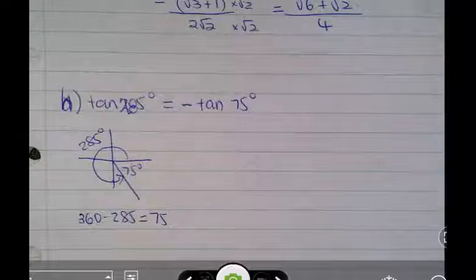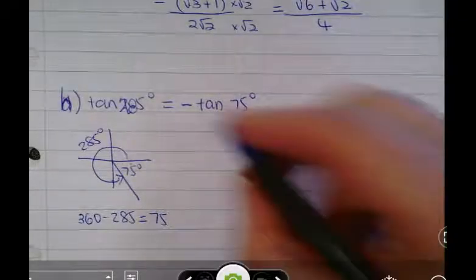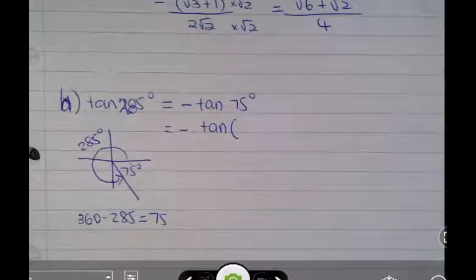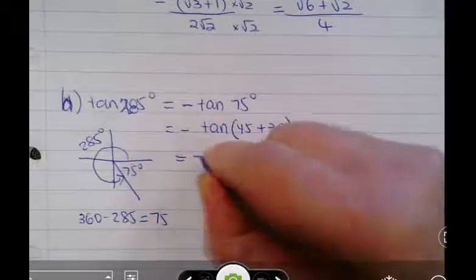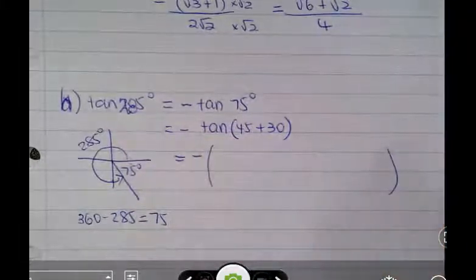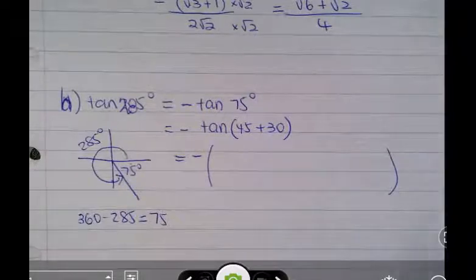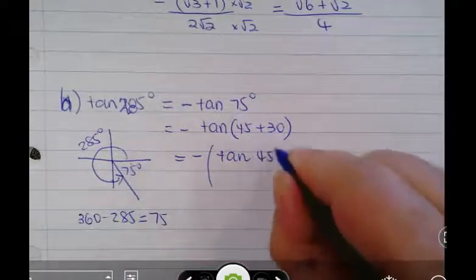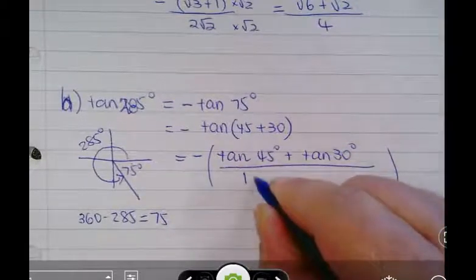So whatever we do, let's just keep this negative out the front. We're just really going to work out tan 75, and when we're finished, we're going to throw a negative in front of it. All right? So that's negative tan. How do I get 75? It's not 60 plus 15. It's 45 plus 30, or 30 plus 45. I'm just going to put this negative out the front. Leave it. Don't try and incorporate it throughout. It'll get very messy. So what have I got? Tan of 45 plus tan of 30 over 1 minus.